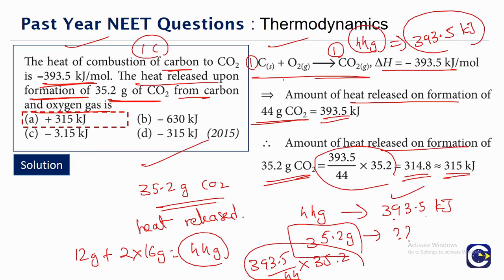Because the combustion of carbon is exothermic, so delta H is negative. 393.5 kilojoules of energy is released when forming 44 grams of CO2, so what is the amount released when forming 35.2 grams? That's the question. So this is mostly a proportion relation question. These kinds of questions we also have in the basic concepts of chemistry.